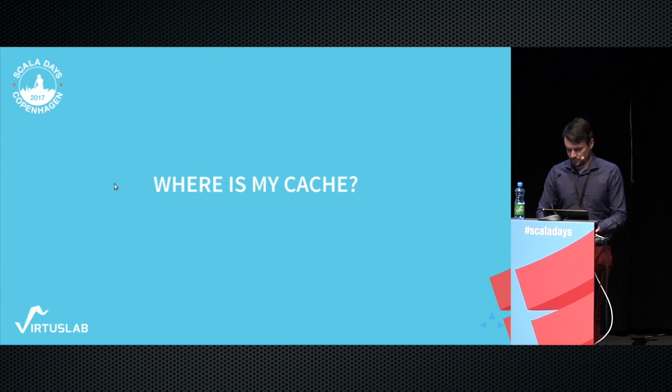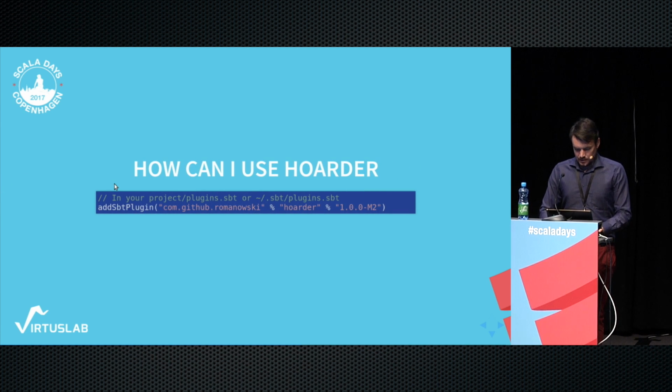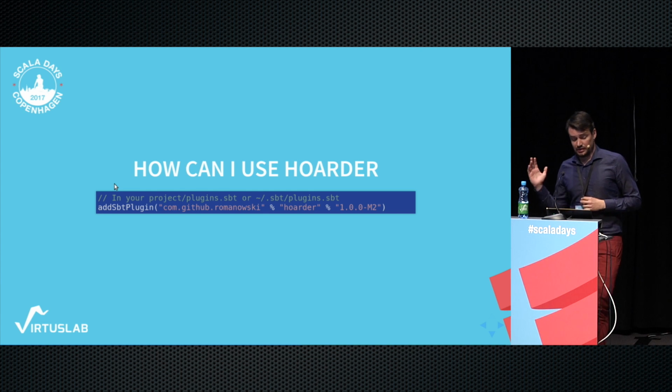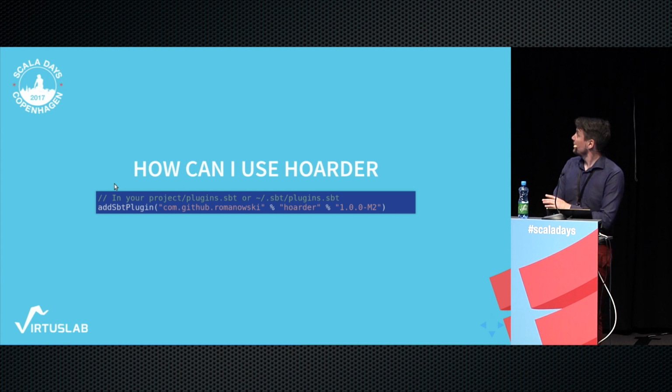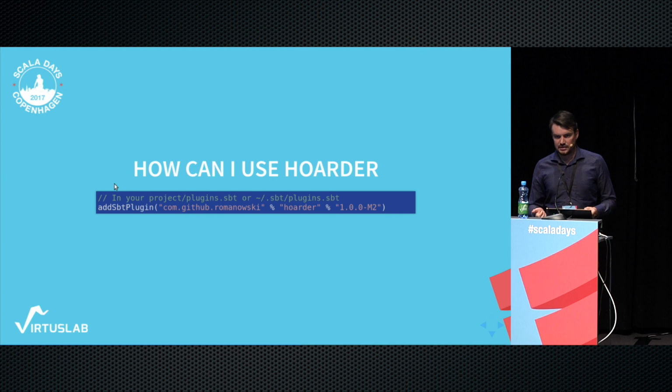Okay, so let's go further. Yes, so how you can use that: before you move anywhere, just apply the plugin to your SBT project. There is also the basic plugin, this is an auto plugin, so it applies all the changes to your project automatically. It does not alter any of the predefined SBT tasks, and only the commands that are designed to be called by users have no prefix.